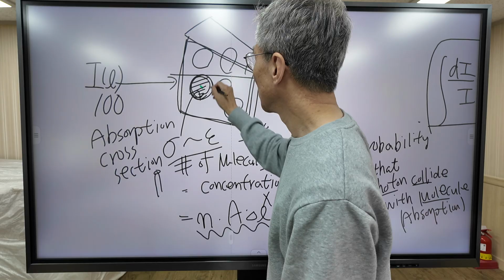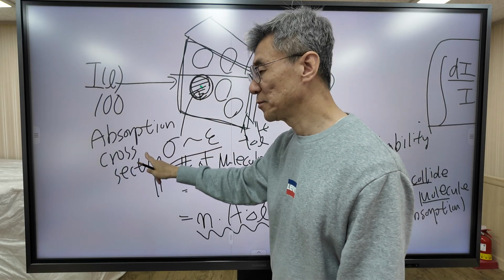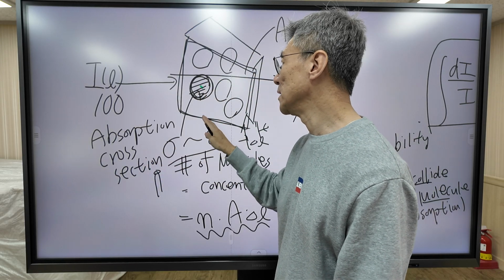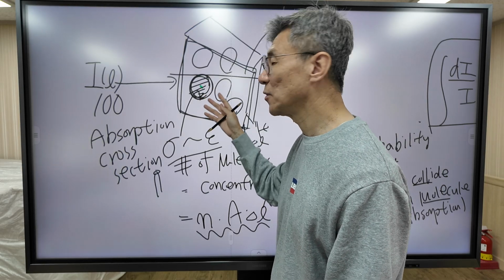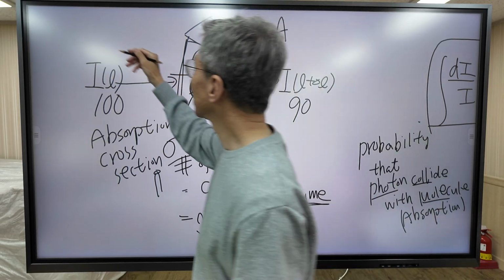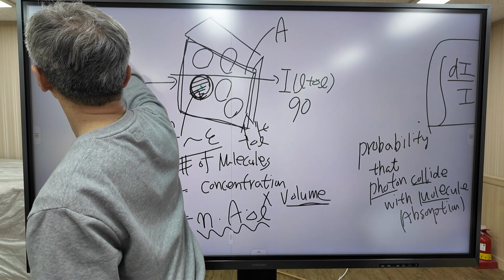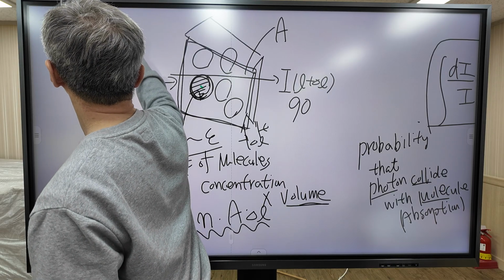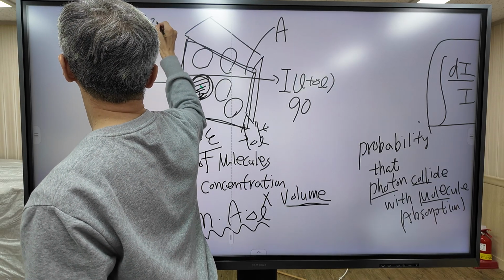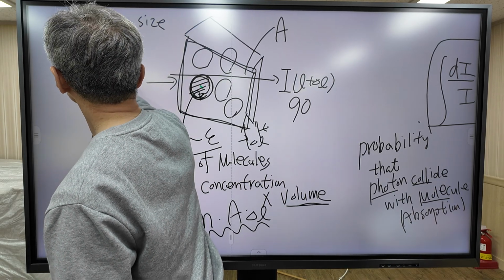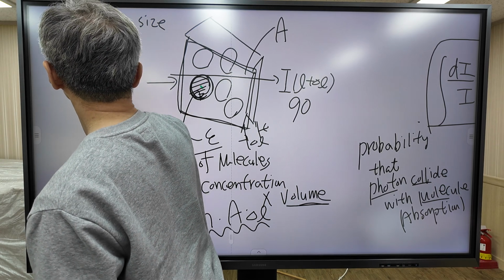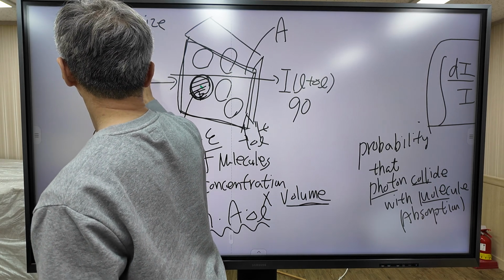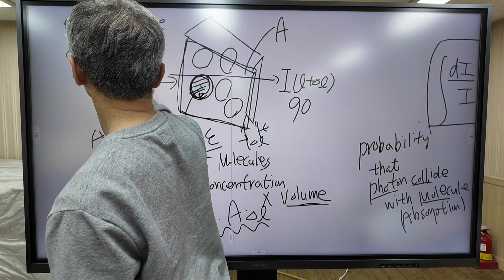sigma is a molecular size which is called absorption cross section, but it does not mean that this is the actual size of the molecule. This is the effective size seen by the photon. This is important.